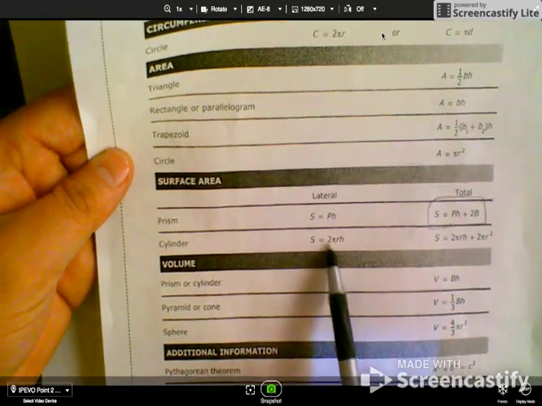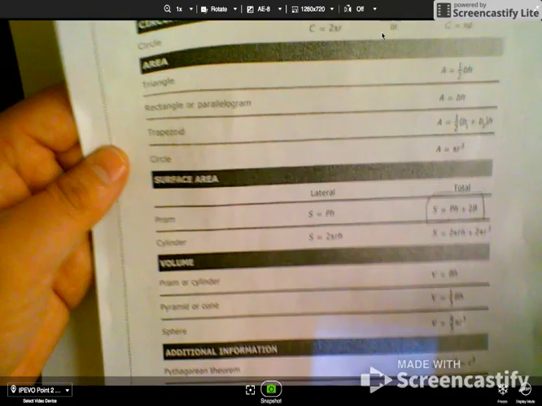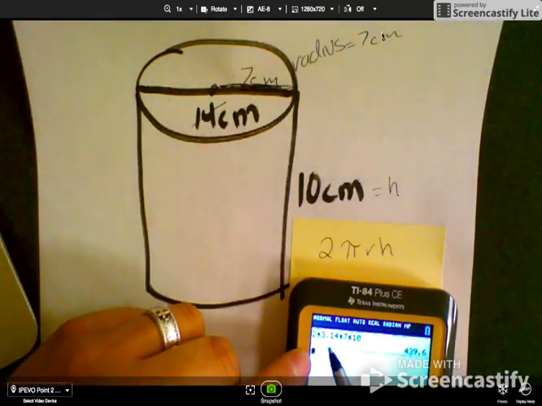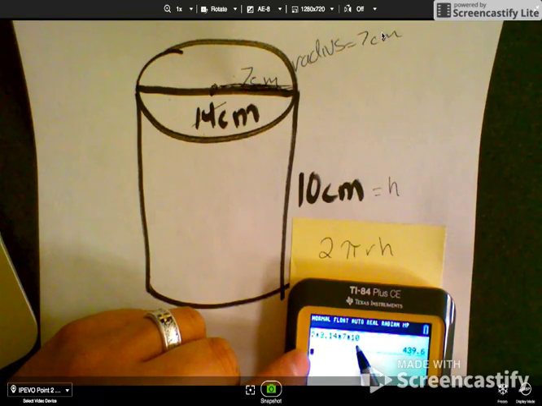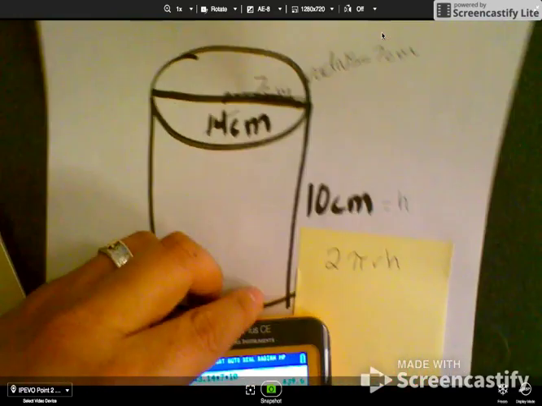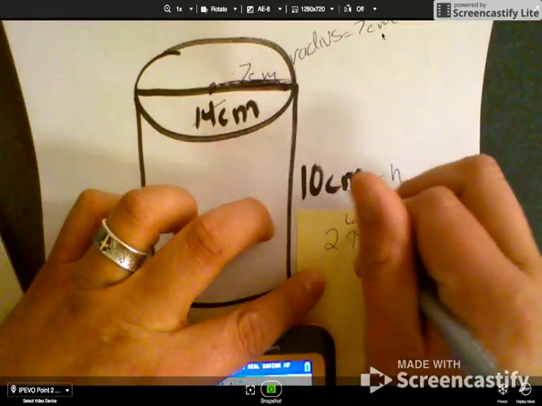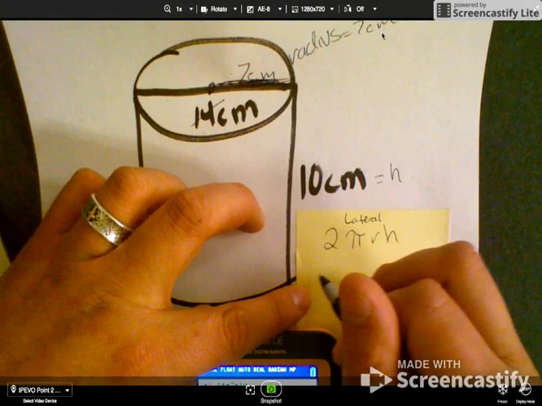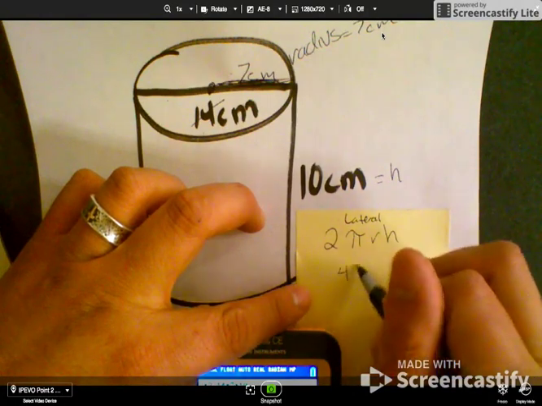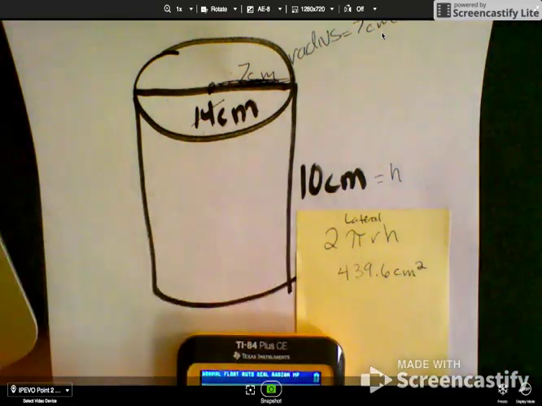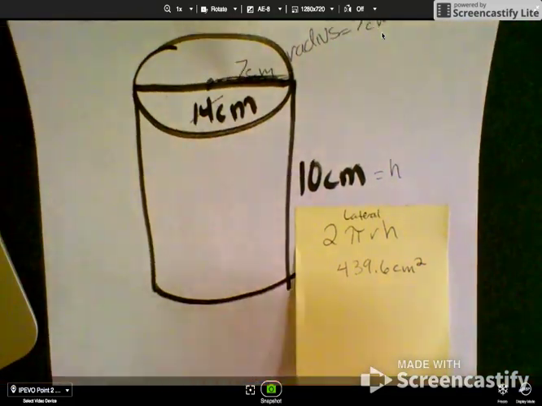When that happens, that means to multiply them. So that's why in my calculator I've plugged in 2 times pi times the radius times the height, and that gave me a lateral surface area of 439.6 centimeters squared. Okay, so that's the lateral surface area.